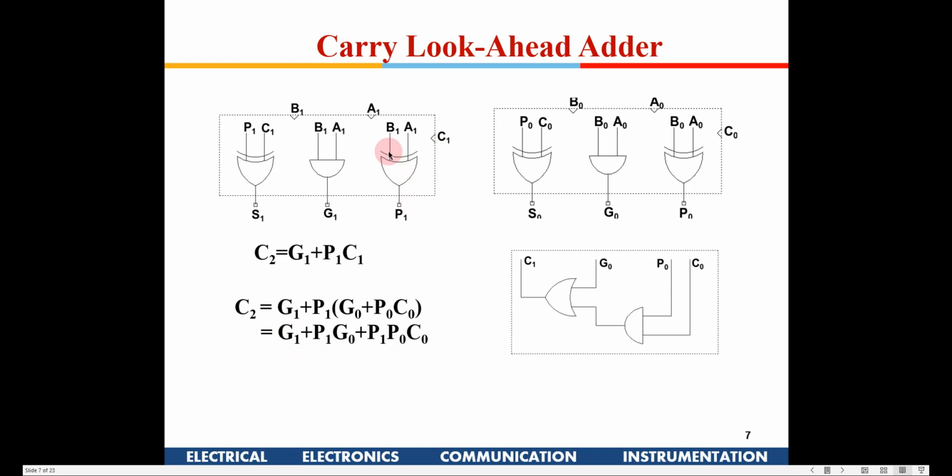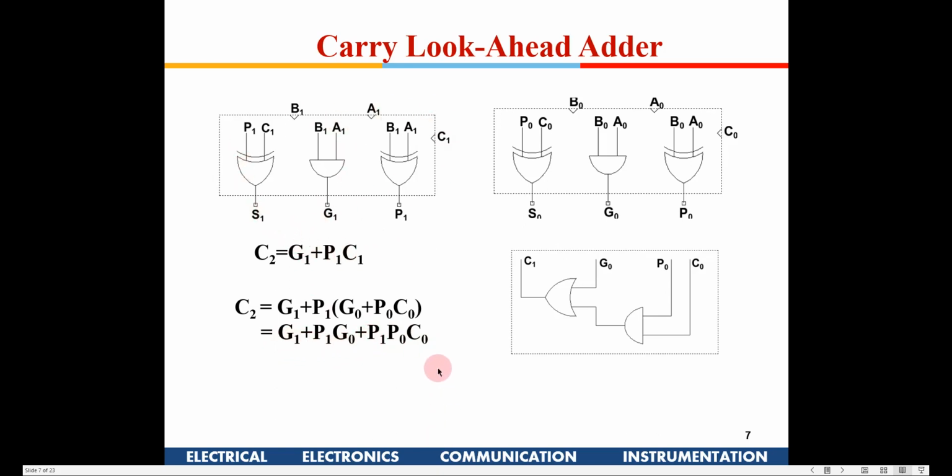Or if only one of A1 or B1 is 1, and there is a generate from the previous stage, that means carry will be there, so straight away I generate the carry. Or if only one of them is 1, and here also only one of them is 1, then if the carry is 1, it will get propagated from this to this. That is why we call it the propagate signal. So this is the expression for the carry from this block.